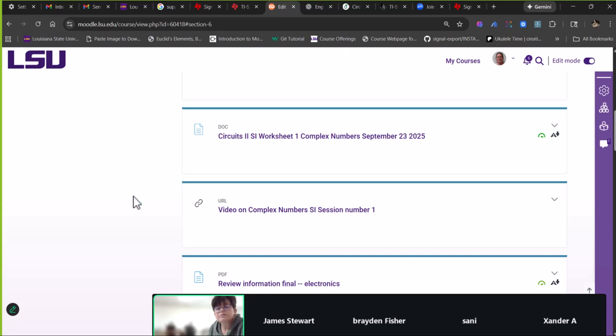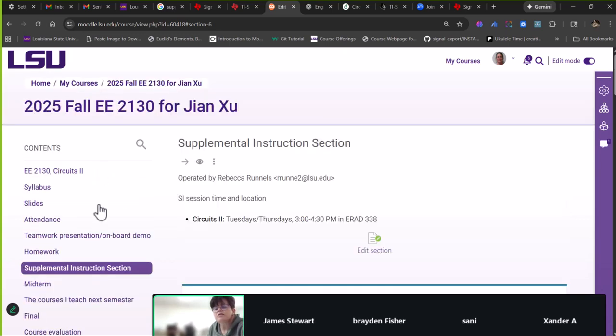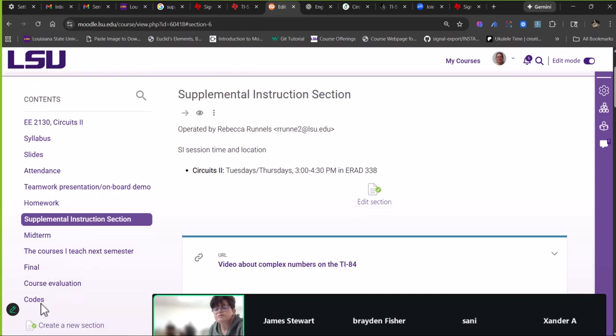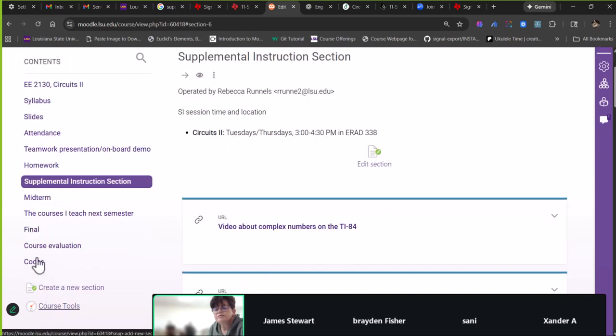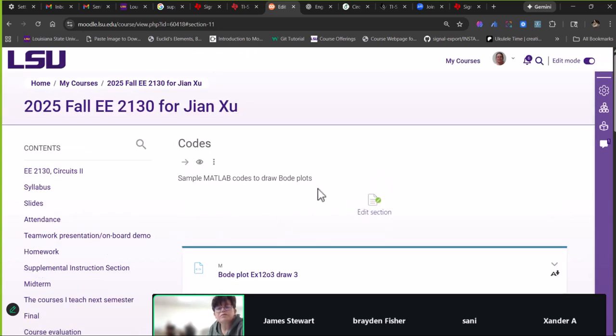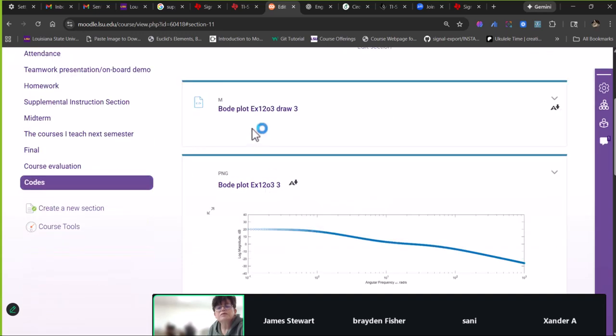You just copy and paste it and adjust it. It's at the bottom, under codes.